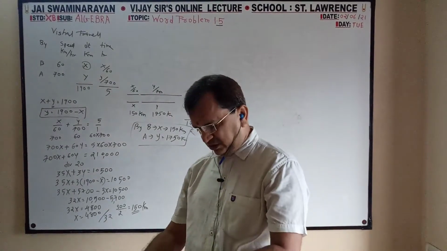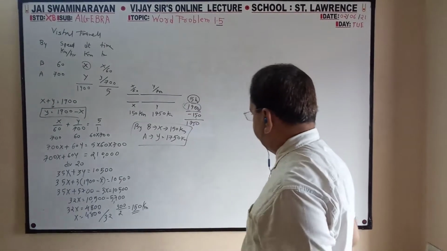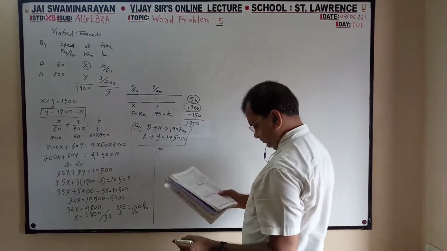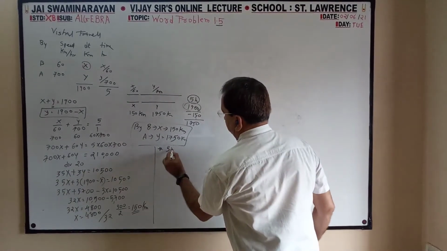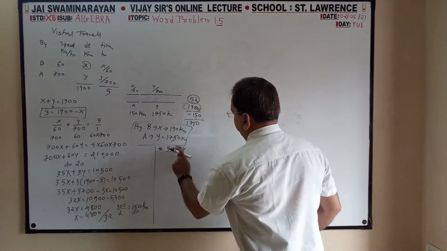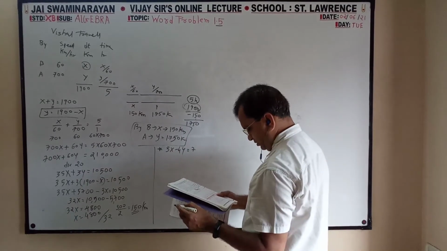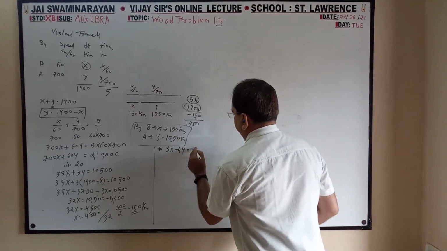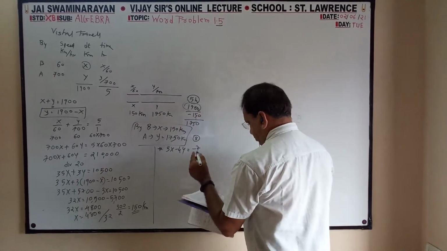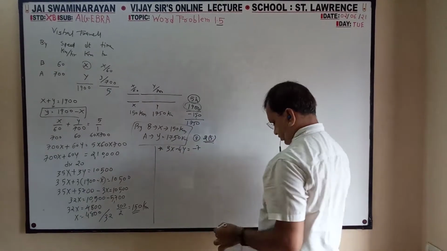They want the solution of this sum: 3x minus 4y is equal to minus 7, page number 8, sum number 5, part 2.